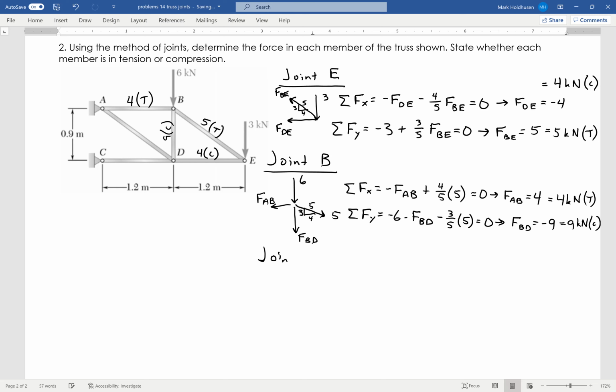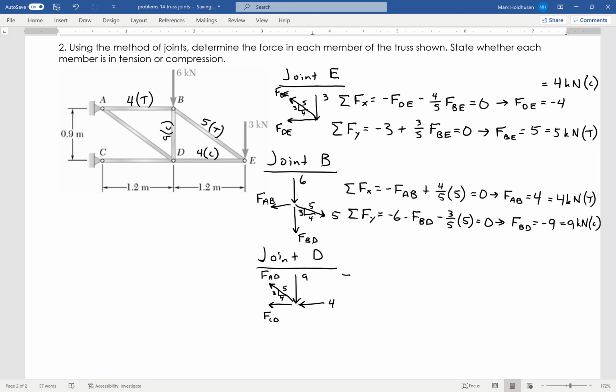So I'm going to joint D. All right, and I have 9 in compression, so it's pushing down on D, and 4 is pushing to the left at D. So those compressions are always going in. My tensions are coming out, so I've got my tension FCD shown here, and then I'll assume this guy's in tension as well. That'll be FAD, and this is a 3, 4, 5 triangle, like so.